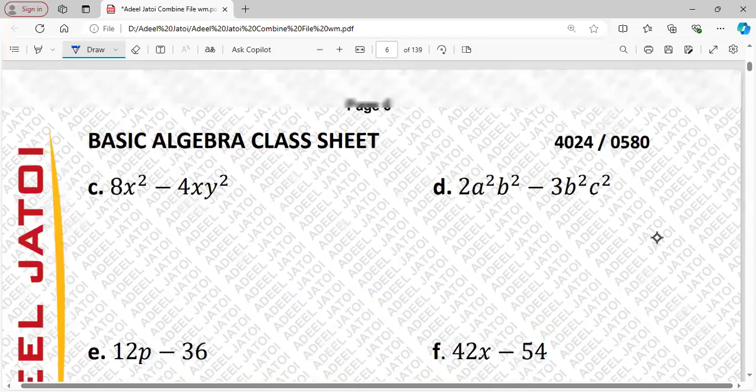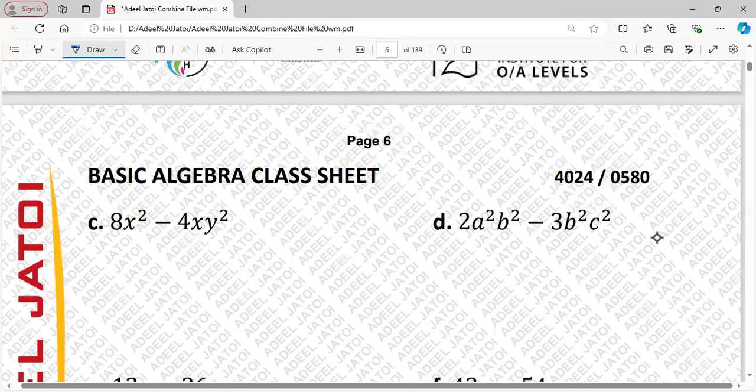Part C, 8x square minus 4xy square. Now you need to understand that you have 4 here and 8. So obviously you can take 4 as common. From x square and x, you need to understand that when the variable is there, you will always take the minimum power from both.